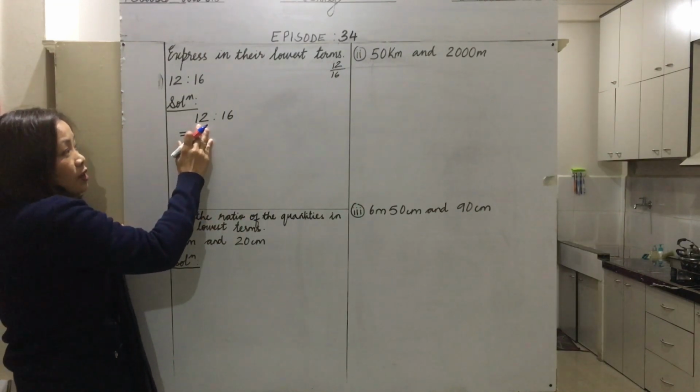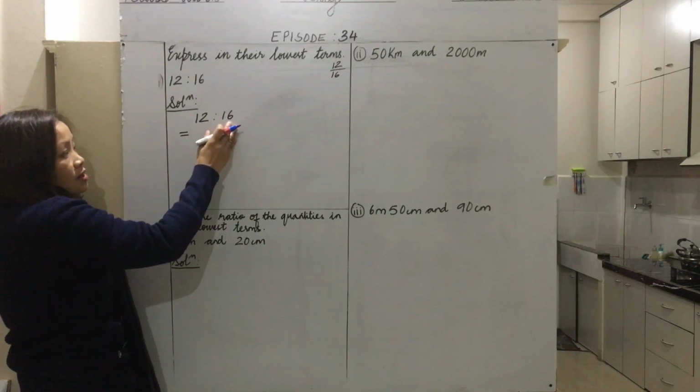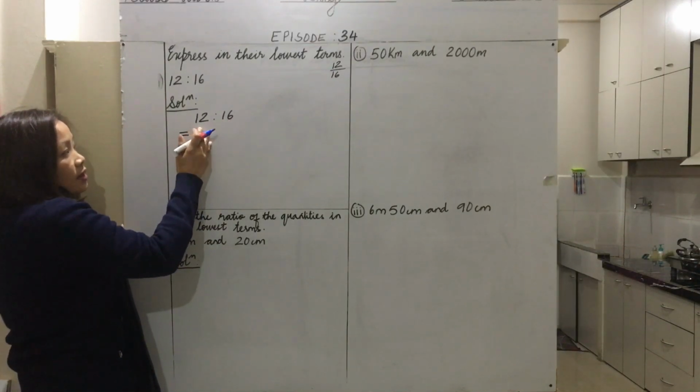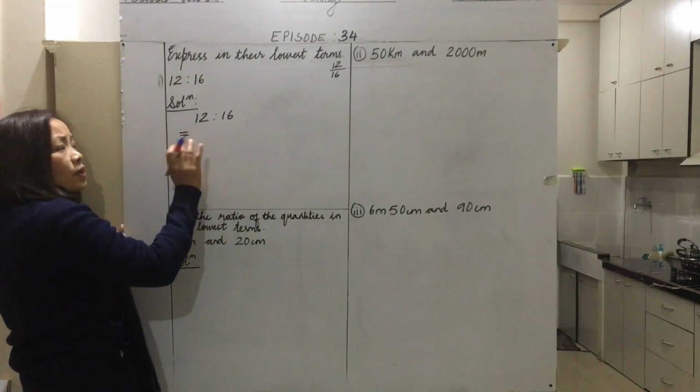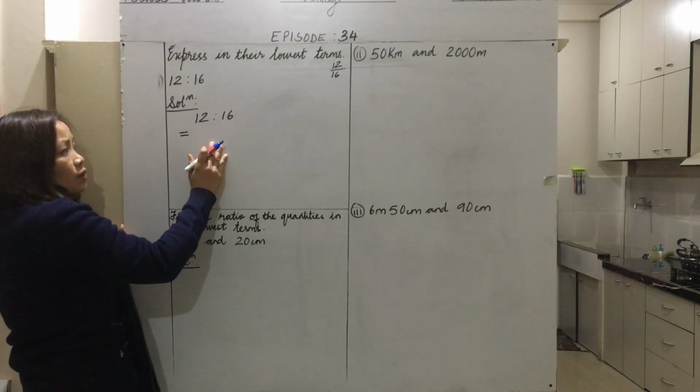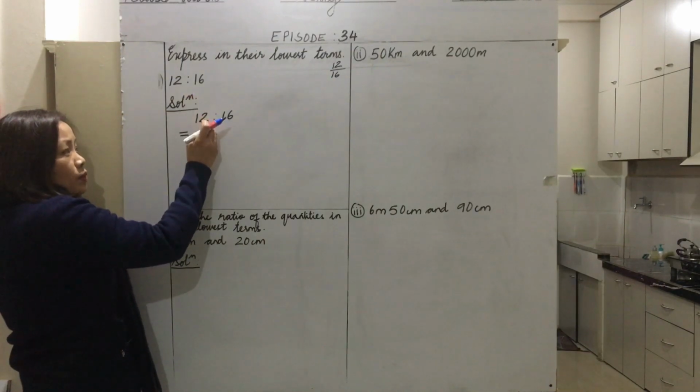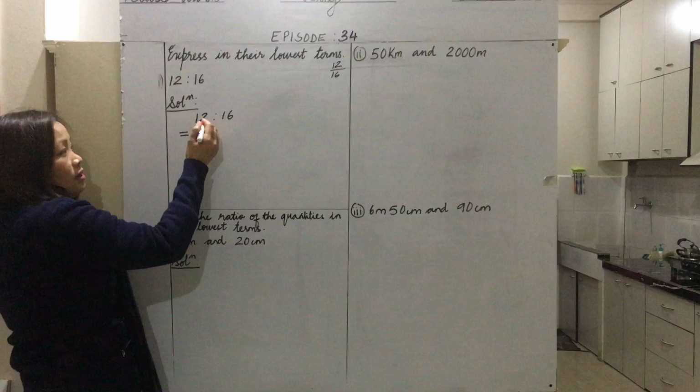Here 12 is to 16. What is the common factor for 12 and 16? 4 can divide them. When you write your cancellation, I want you to use your pencil only, not your pen, right? The writing will be done in pen, but you will use pencil for the cancelling.